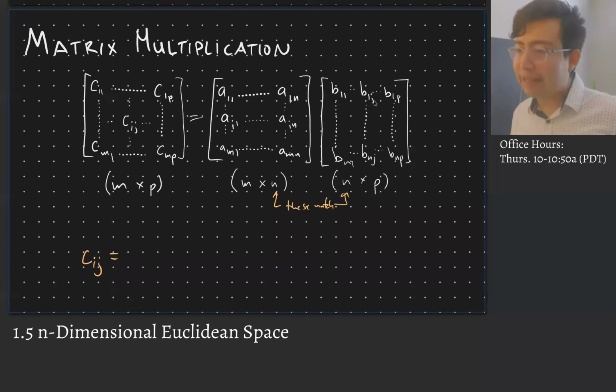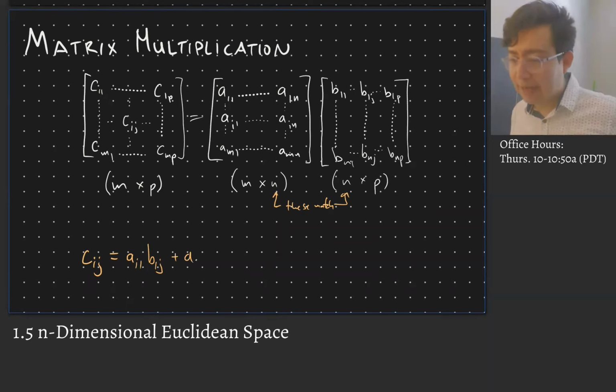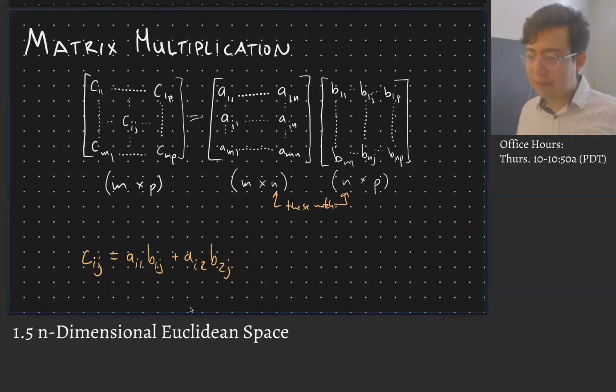And how do we get that from all of this information? There's a bunch of numbers over here. Well, what we're going to do is we're going to take a i1 and multiply it by b 1j. Okay, so we took this and multiplied it by that, but then we're not done. We're going to add to that a i2 times b 2j.